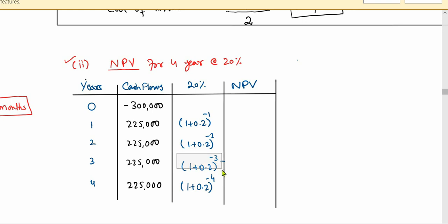Okay, now what is the answer? Multiply 225 by this is equal to the answer. Yes, tell me the answers one by one. 187,493.